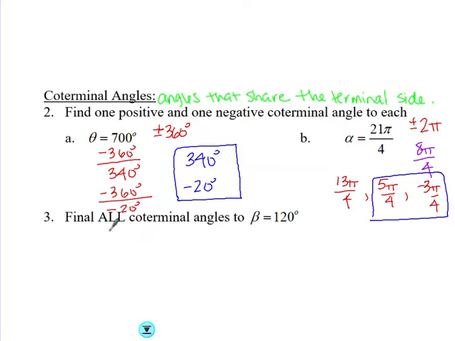If I want to find all coterminal angles to beta equals 120 degrees, then that would mean I am adding or subtracting 360 degrees any number of times. I could add 360 degrees 27 times, or I could subtract 360 degrees 500 times, and those will still be coterminal angles with beta.